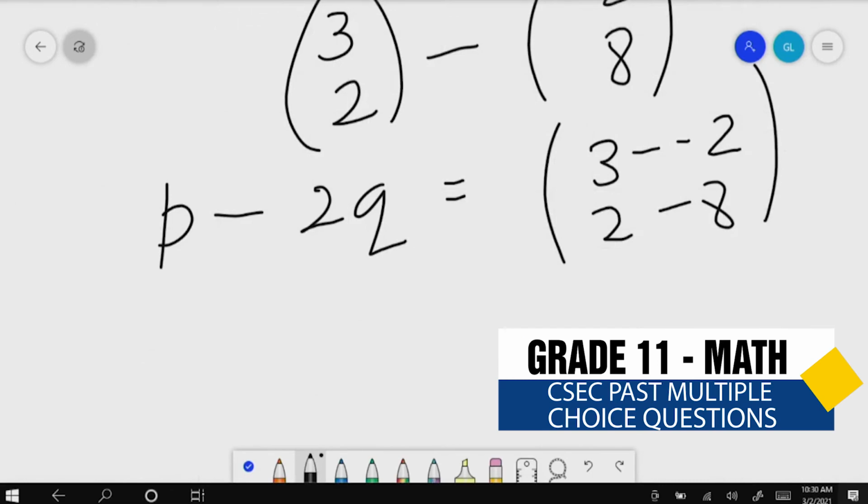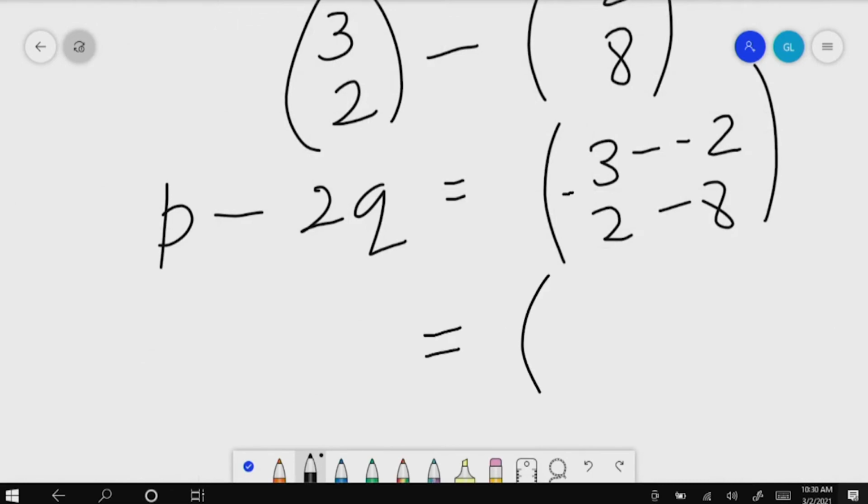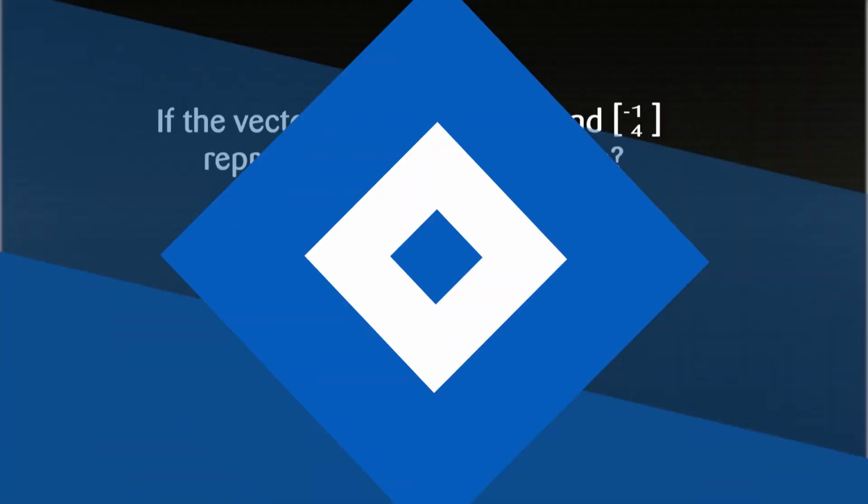In computation here, 3 minus minus 2 would give us a positive 5. 2 minus 8 would give us minus 6. Therefore, the solution for this question is 5, minus 6, which is option B.